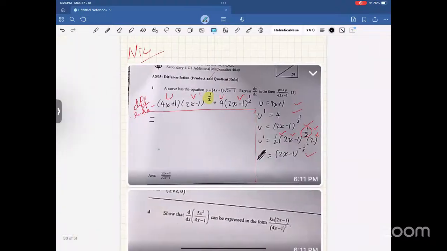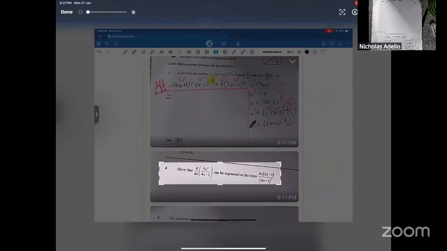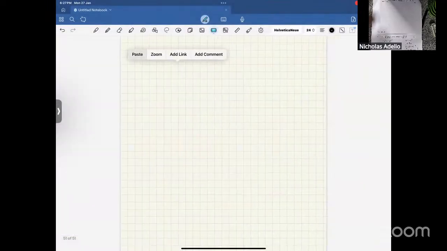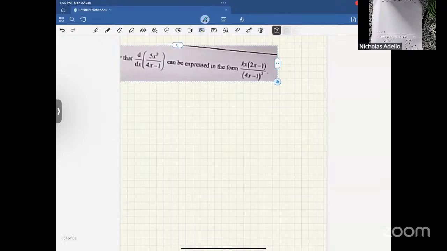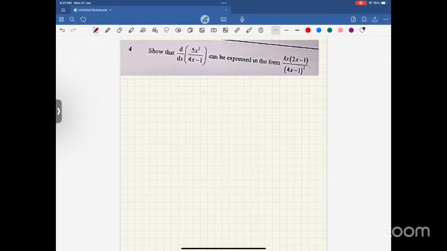That's bad. Product rule first or quotient rule first?